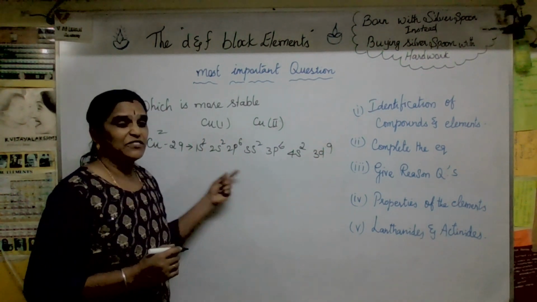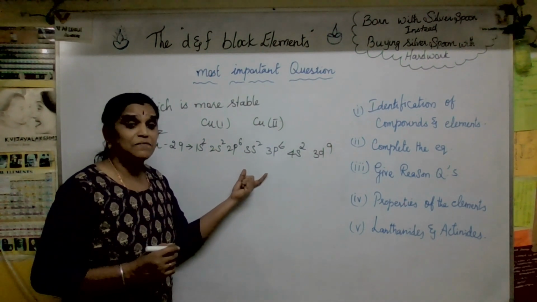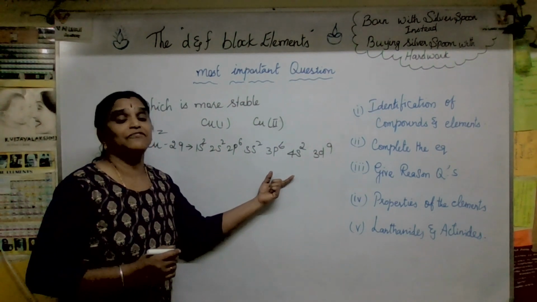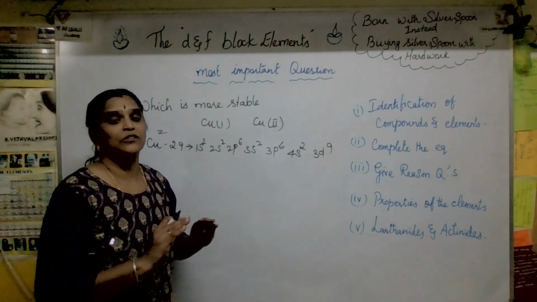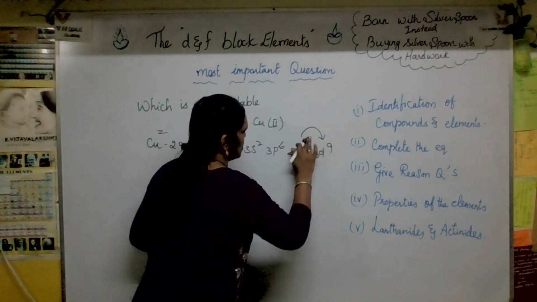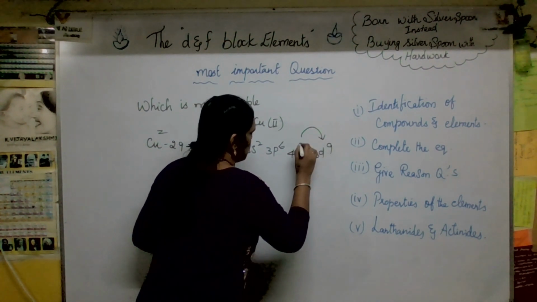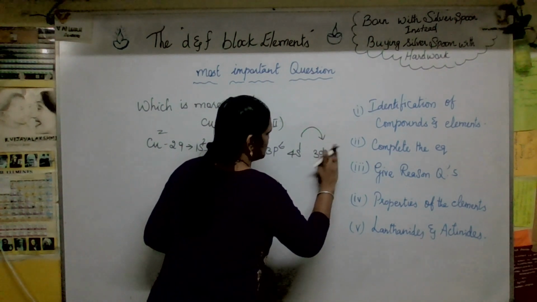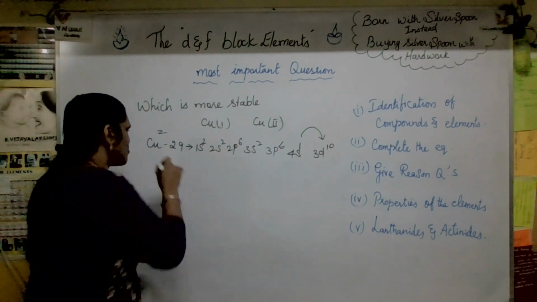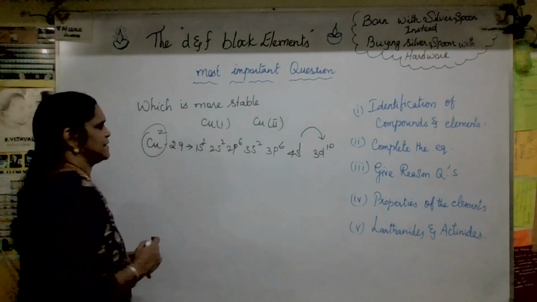Now we have to disturb the electronic configuration. Why? Because half filled and completely filled are more stable. So one electron goes from 4s to 3d, and you get 4s1 and 3d10. This is the electronic configuration of copper.